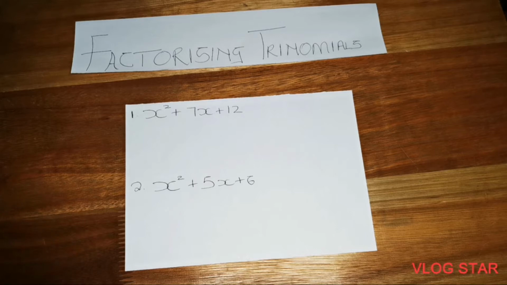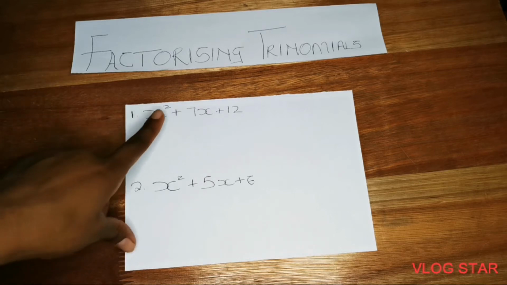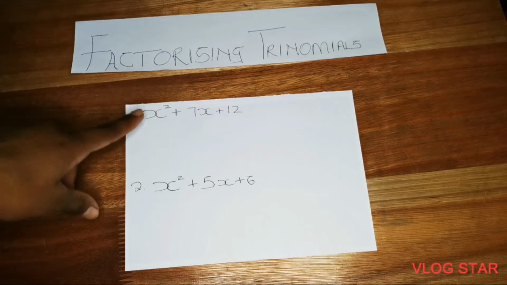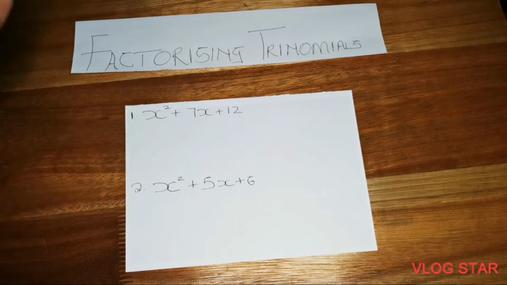In factorizing of trinomials, we have two types: one in which the coefficient of x squared is 1, and other cases where the coefficient is not 1. We will be starting with the one in which the coefficient of x squared is 1.